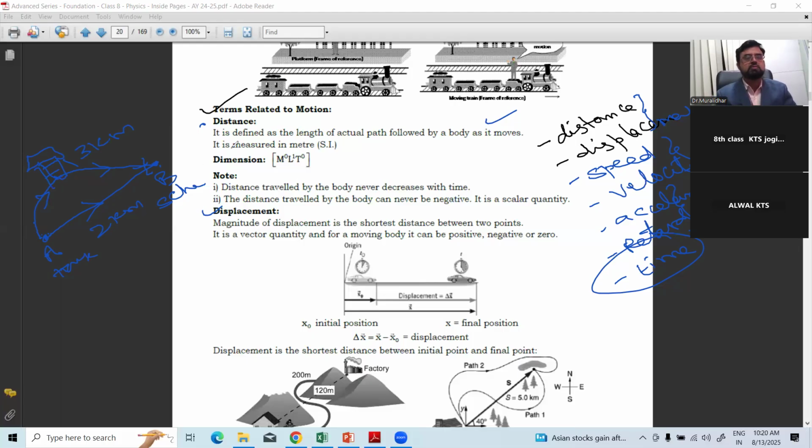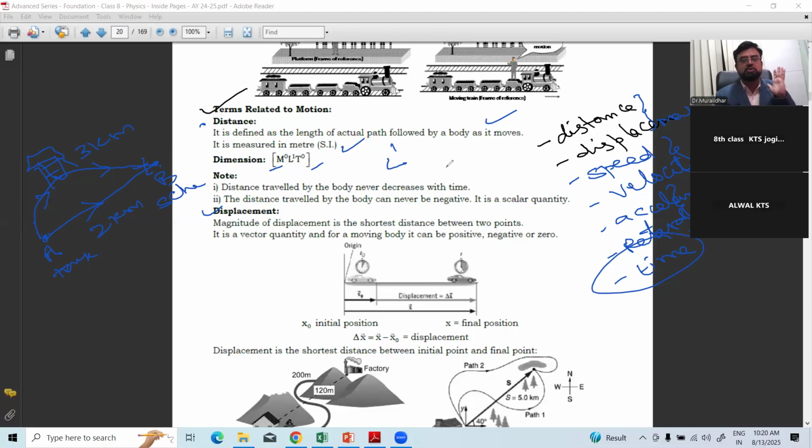It is measured in meters, centimeters, kilometers. There are higher units also, miles, so many. And the dimensions we already discussed. Distance is nothing but length, L1 M0 T0. The distance traveled by a body never decreases with time. It won't be negative.